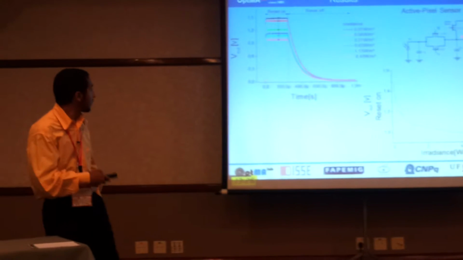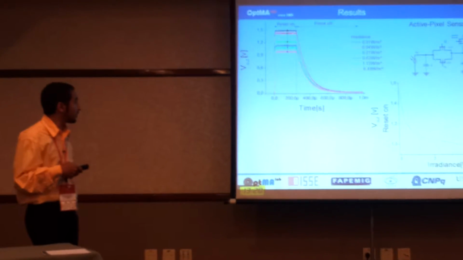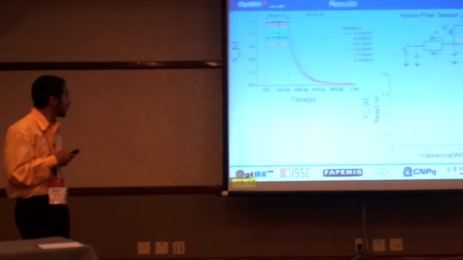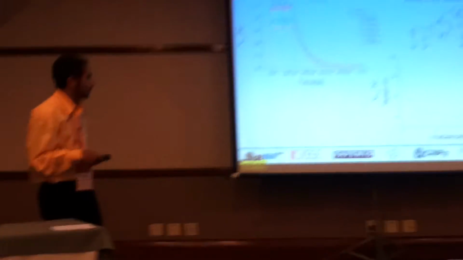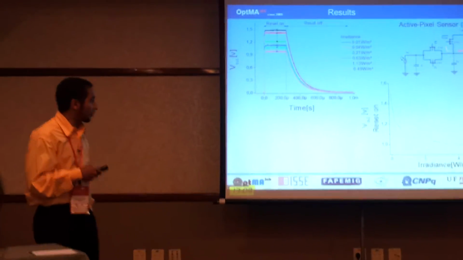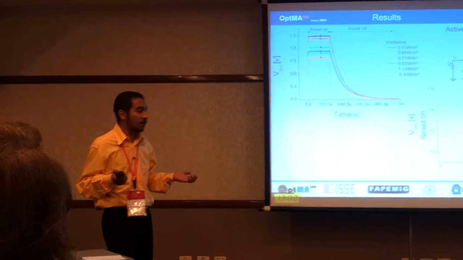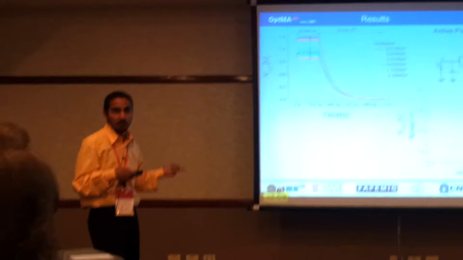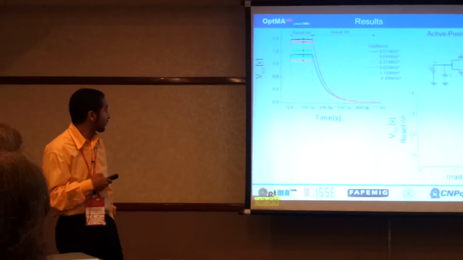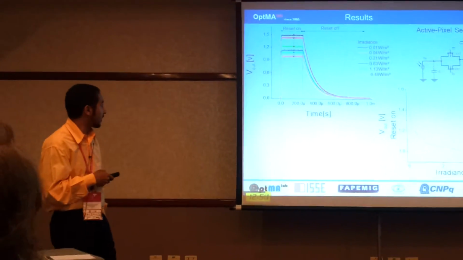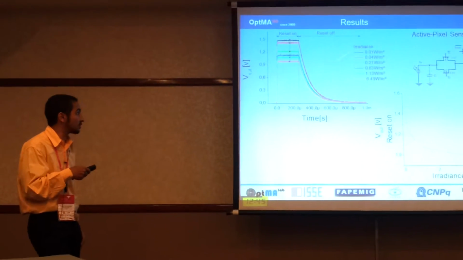Okay. The results were: when reset is on, we have voltage varying with the variation of the irradiance. This variation is plotted in the second graph of voltage versus irradiance, where you can see that we have a logarithmic behavior. Back to the first graph, when reset is off, we have the decay, and the decay rate is proportional to the irradiance.